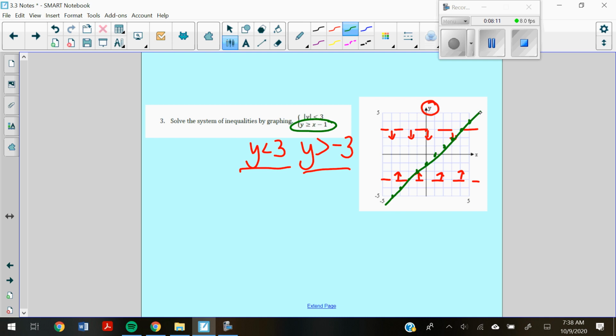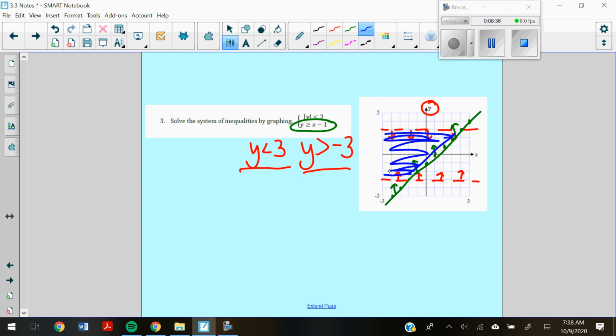And it's a greater than or equal to, so I'm going to shade above this. So now I want to look, where do all my arrows point? That's my shaded area. So I can see I'm going to go below here, above here, and above here. So this section here is my solution. So the new thing for us was just keeping in mind that absolute value can be put in there.